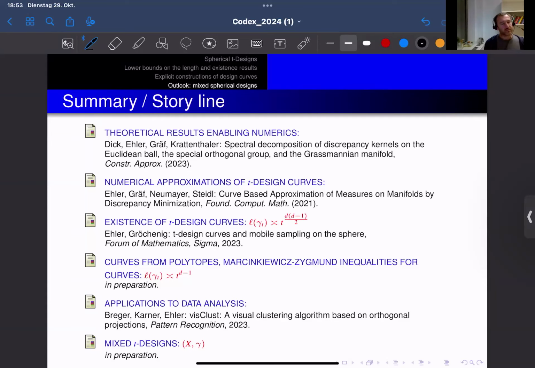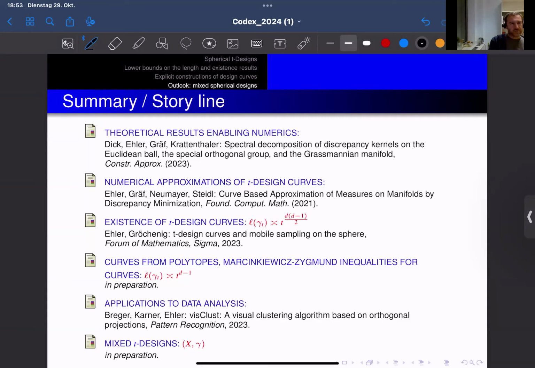Now we have proved something about existence of t-design curves. This is asymptotically optimal, at least for d equals 2. If we simply connect t-design points by a curve, we do not get a t-design curve, but at least we get Marcinkiewicz-Zygmund inequalities of the asymptotically optimal length.